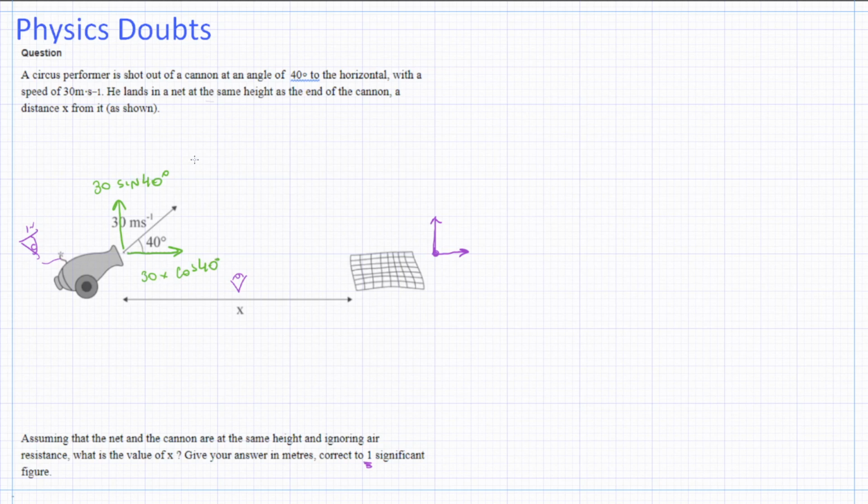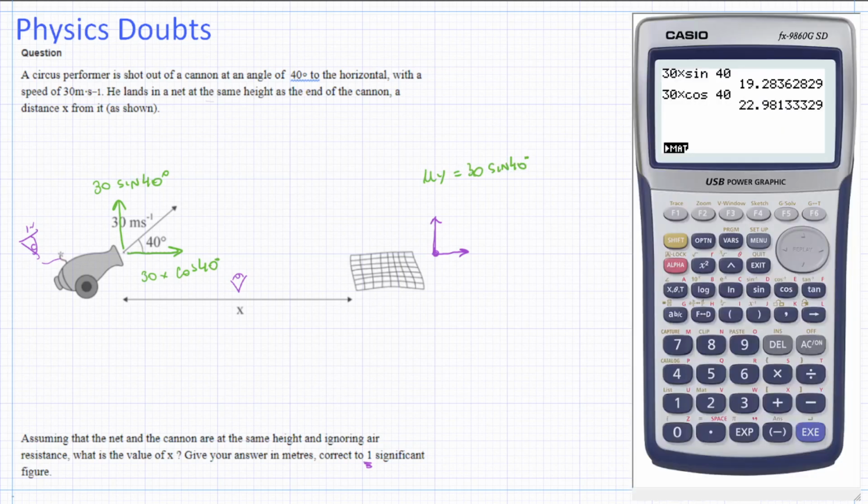Why? Because if I calculate those, I will have to do some rounding to write those numbers down. So for now, I'll just leave them as they are, and we're going to do all calculations and put the values in at the end. It's going up initially with a speed, so I'll call this uy, which is 30 sine of 40.